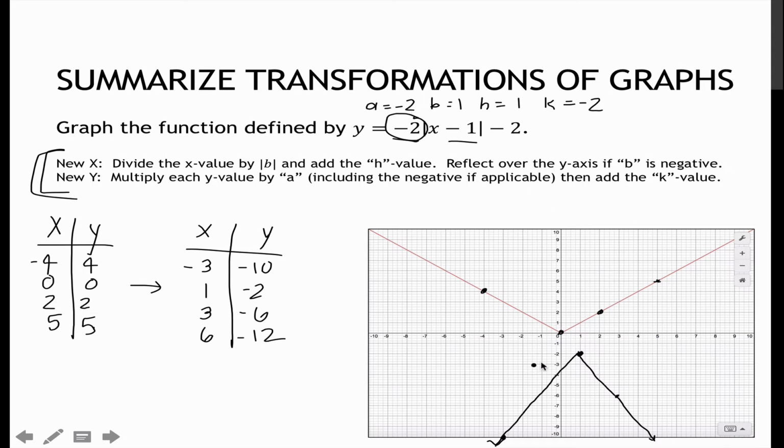So it kind of looks like it got shrunk in horizontally, but actually what has happened is we've stretched it this direction. In addition, the h value of 1 says we should be moving 1 to the right, and the k value of negative 2 says we should be moving 2 down. And notice that is exactly what has happened to our graph. So the reflection, because of the negative, so now it's upside down, and then this is the horizontal and vertical shift, and then of course the vertical stretch.